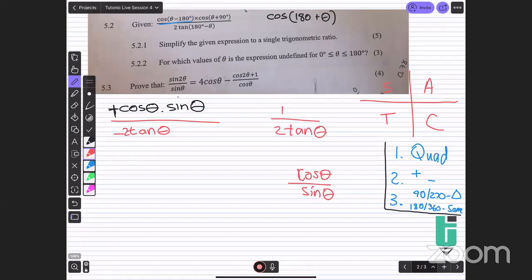So you can even write this with the cos on top and the sine at the bottom. And then the sines cancel. And then you're left with minus half cos squared.